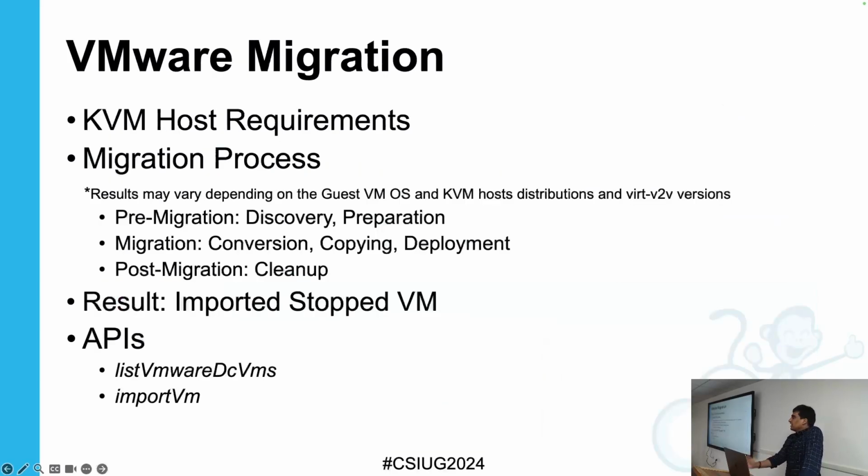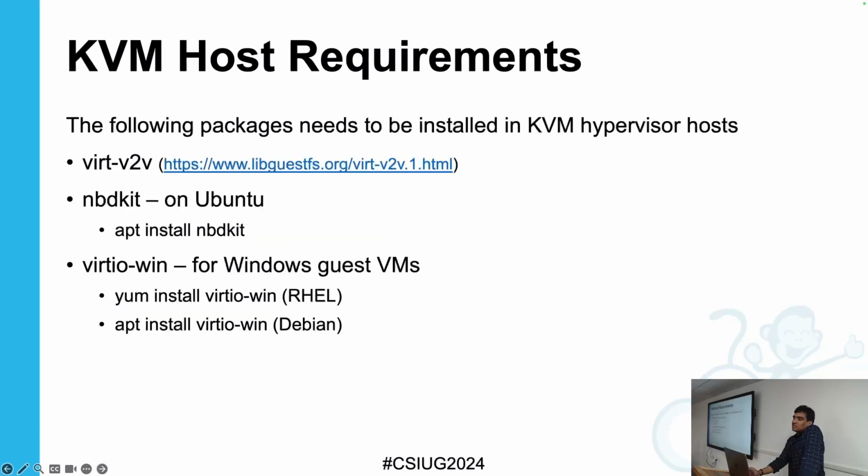Now going into details about VMware migration. In order to migrate an instance to CloudStack in a KVM cluster, the KVM host should have specific requirements, and these are the requirements.